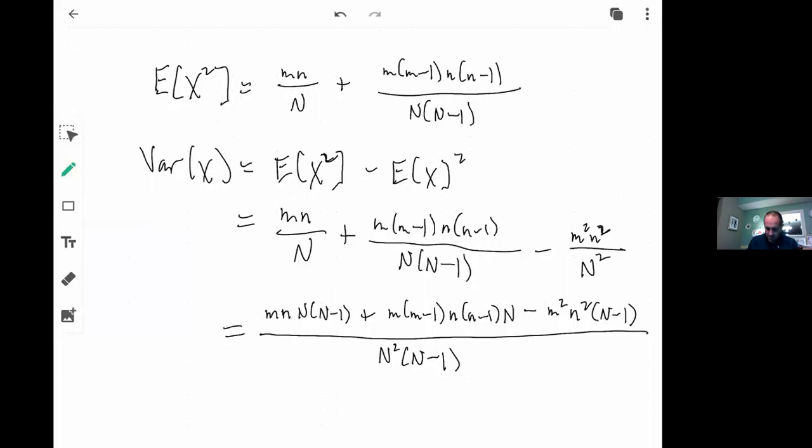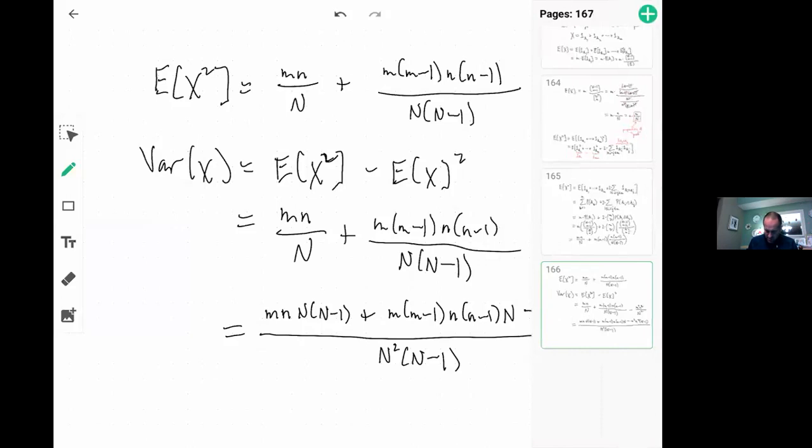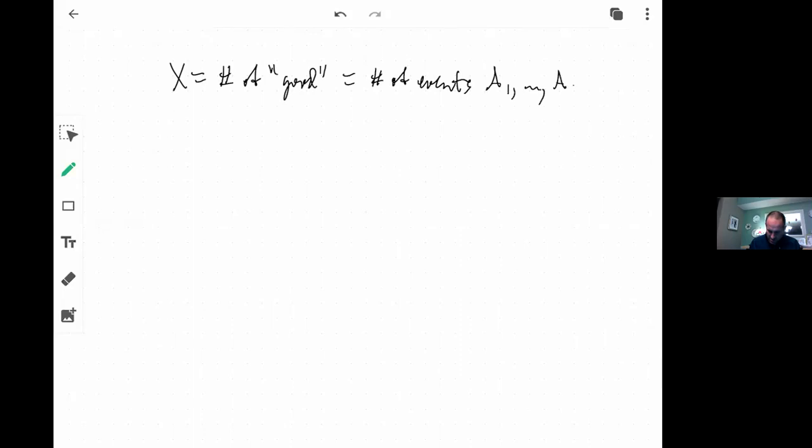So that said, what I want to do here is look at the following thing. So remember x is equal to the number of good in the sample, but really it's also the number of events A1 through AM that occur.